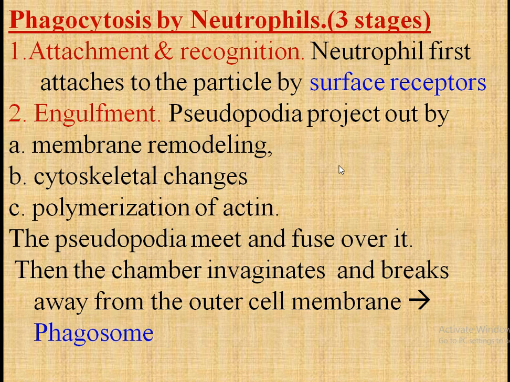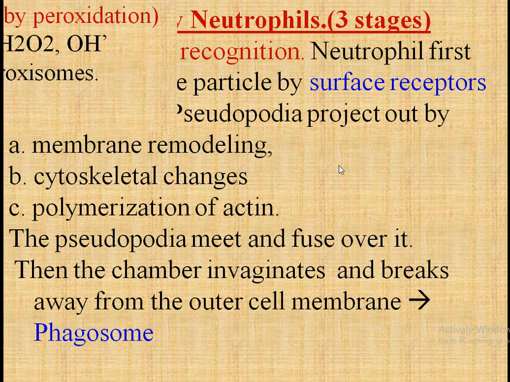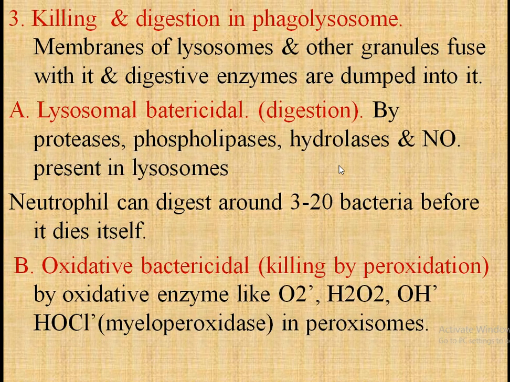For the engulfment, pseudopodia project out via membrane remodeling, cytoskeletal changes, and polymerization of actin. Pseudopodia meet and fuse over it. It's better to show you in the animation. Then killing: lysosomal bactericidal enzymes are secreted.